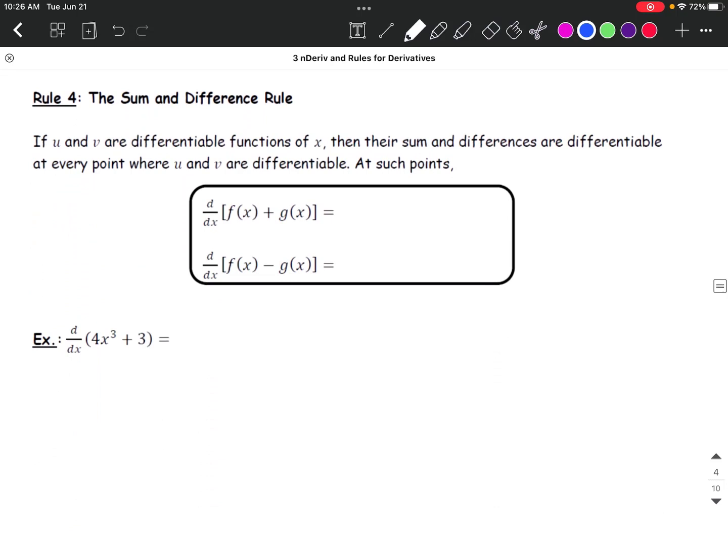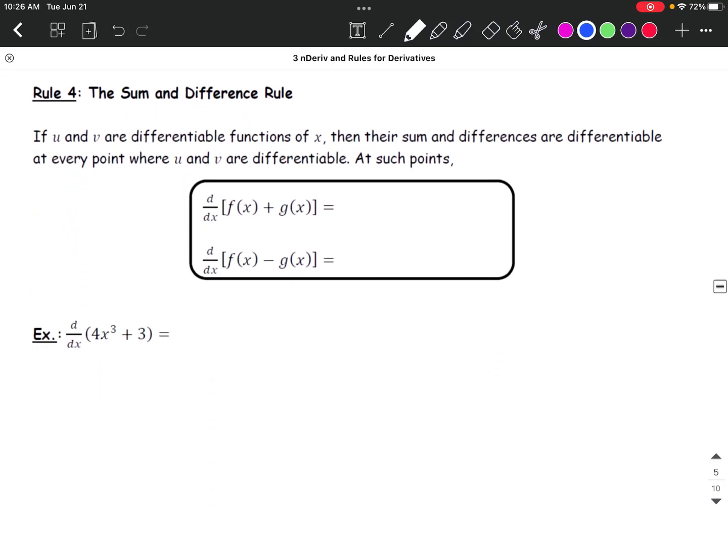Next rule is the sum and difference rule. If we have two parts, we're adding things together. The derivative with respect to x of f of x plus g of x is the derivative of f of x plus the derivative of g of x. If we're subtracting, taking the derivative of a difference, we take the derivative of the first part minus the derivative of the second.